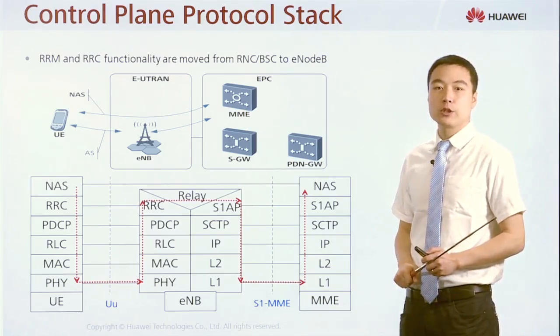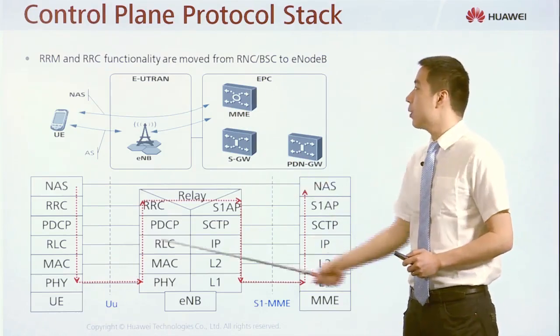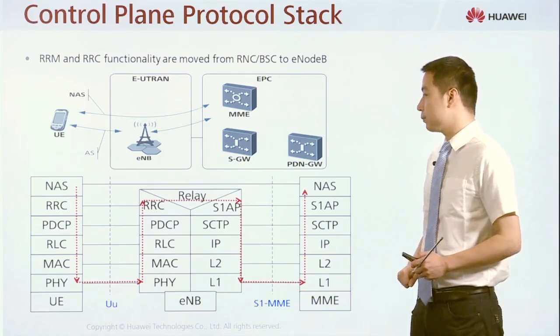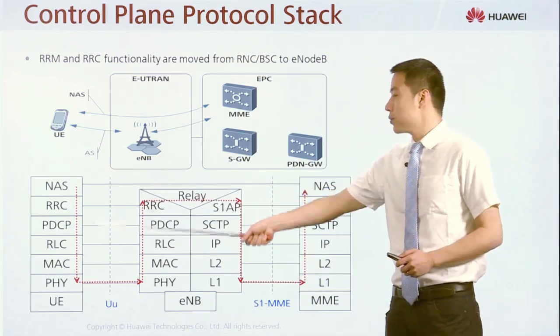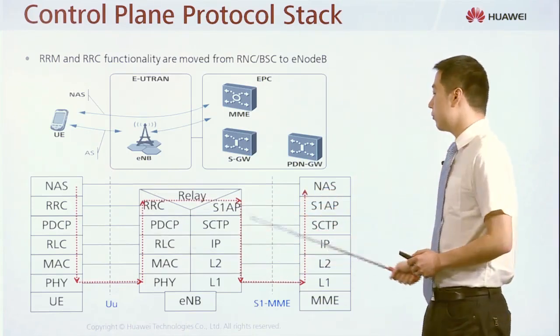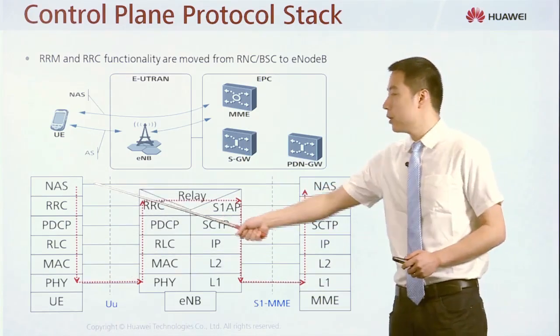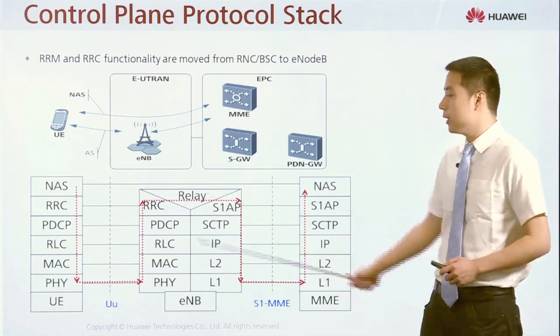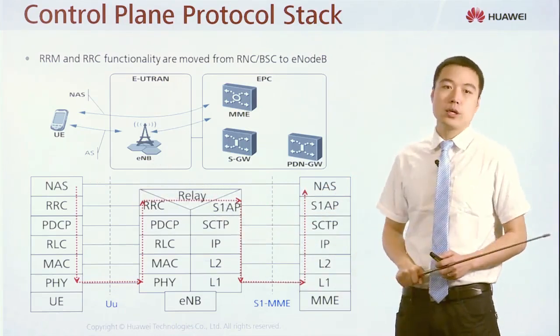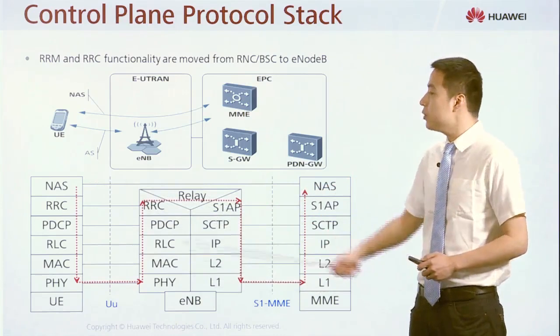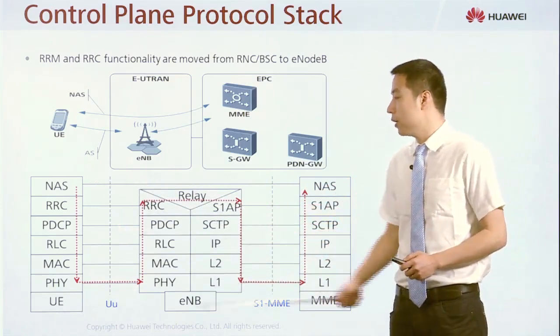And from these pictures, we can see the protocol stack for the control plane. The red arrows show the signaling flows for the control plane from the UE to the core network. Actually, these red arrows show the NAS signaling. Take the Uu interface as an example.